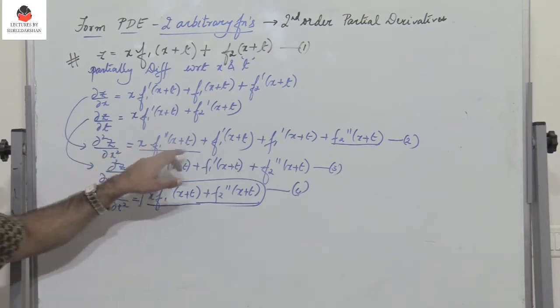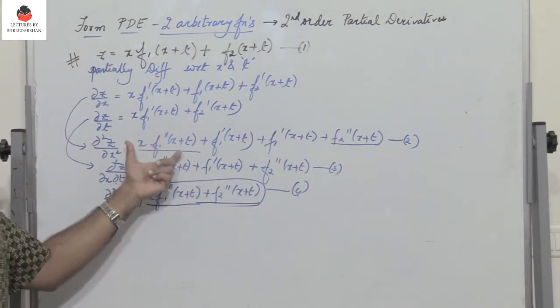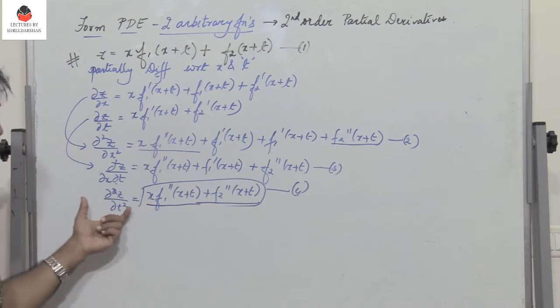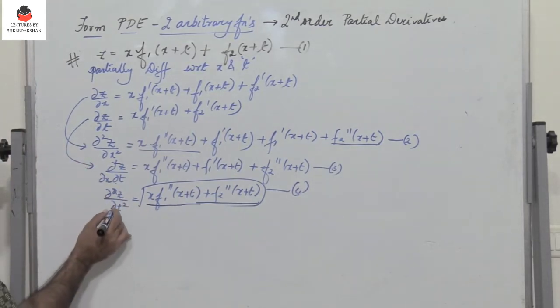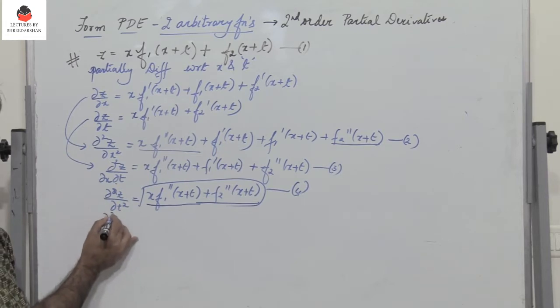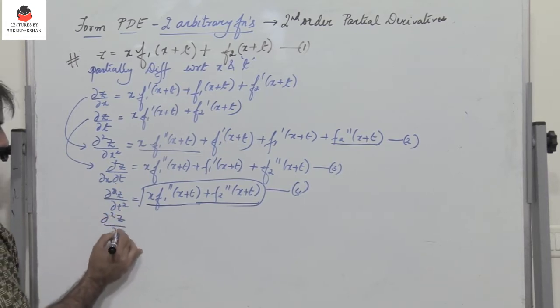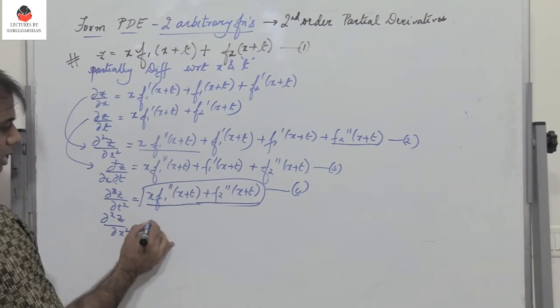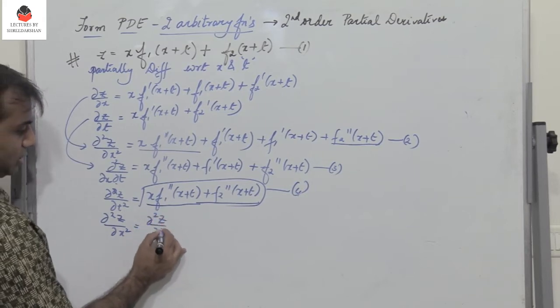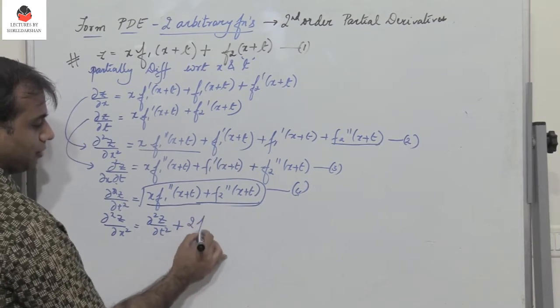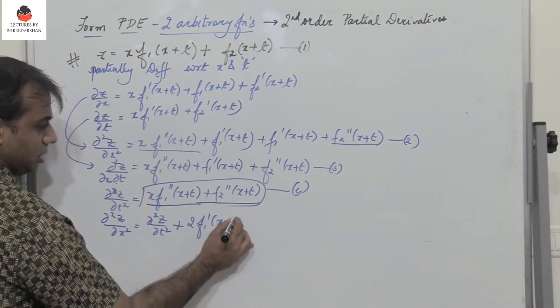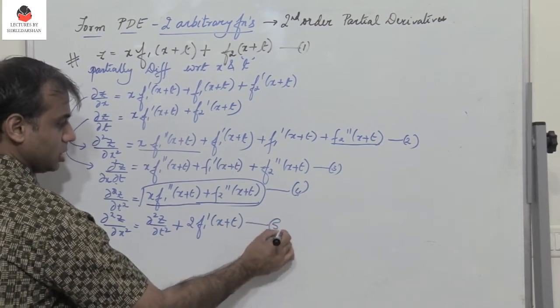So these two terms, the first term plus the fourth term, is nothing but del square z by del t square. So I can rewrite del square z by del x square as del square z by del t square plus, so these two can be added, 2 f1 dash (x plus t). So call this equation 5.